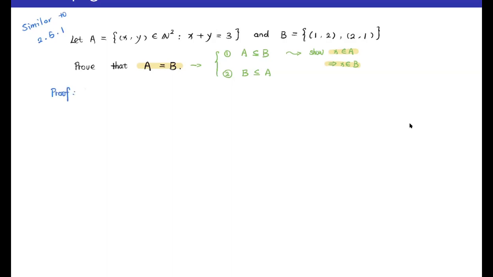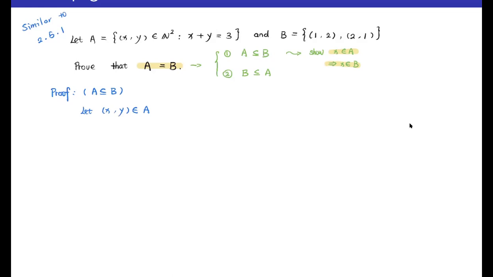First of all, I want to prove A is a subset of B. So let's prove this direction. Again, our first step is pick an arbitrary element from A. So let (x, y) be an element of A. Why did I pick (x, y) instead of x?